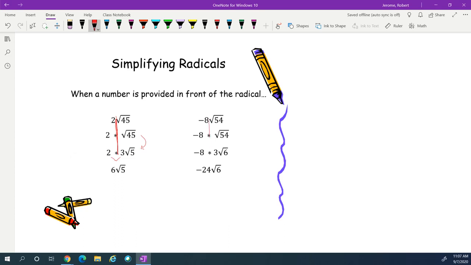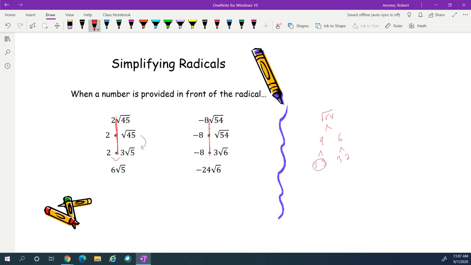And we did that in the second example also. We ignored the negative 8 for just a minute and simplified the square root of 54. So the square root of 54, and you can break this down however you want. That's a 9 times a 6, which is 3 times 3, and the 6 is 3 times 2.